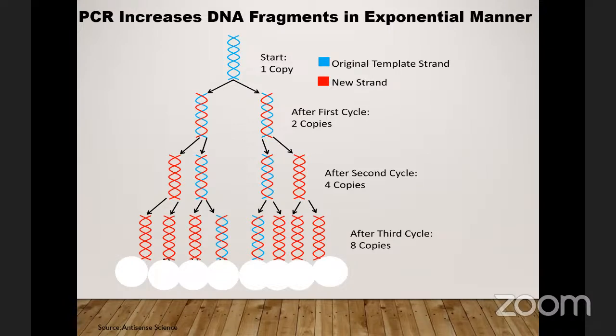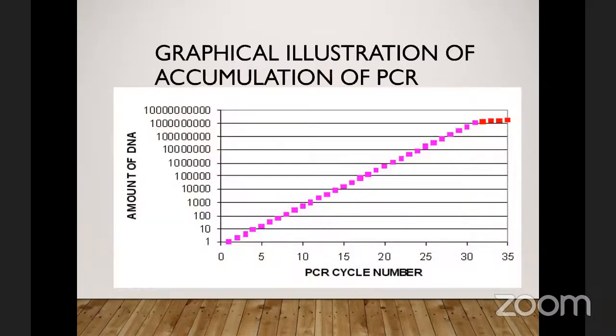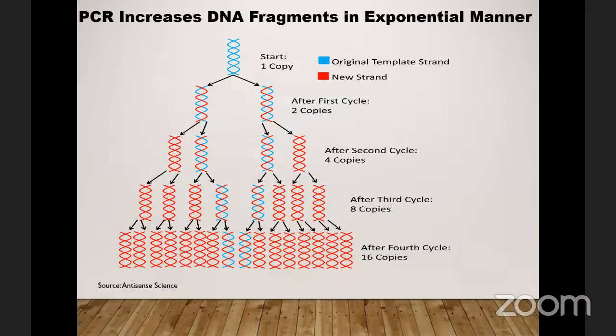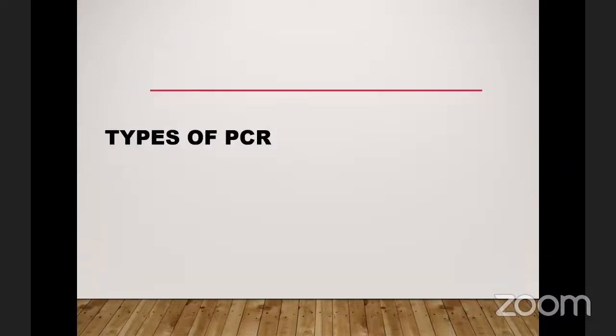Okay, next slide. So it will still keep going like that, and every other cycle you have doubles what you have from the previous cycle. Next slide. Okay, just a graphical representation of how the increase happens.